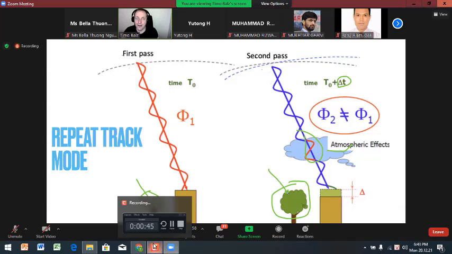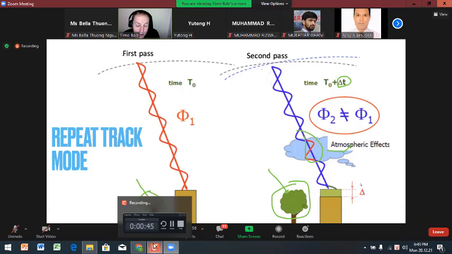It's a huge difference in the phase center. So we're measuring very different points. You're not measuring the same thing anymore. So your signal is not coherent. That's the temporal decorrelation.